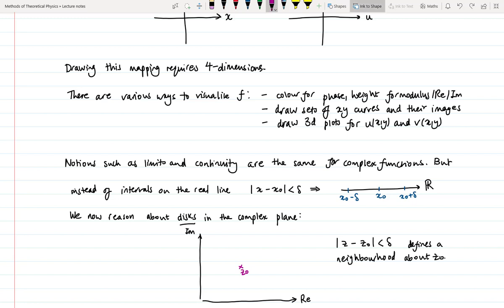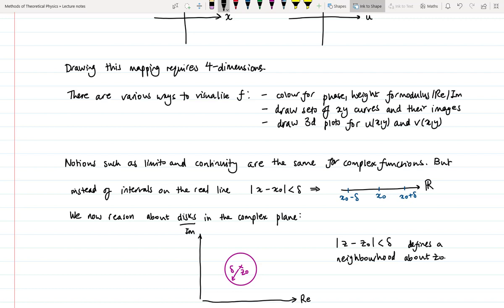And this looks like a disk in the complex plane, centered at z0, where the radius is delta. And I'll note that in problem sheet 1, you showed that this expression, the modulus of z minus z0 less than delta, defines a circle in the complex plane.